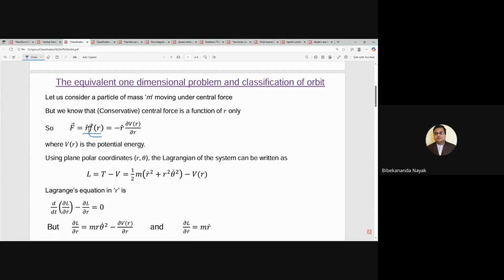If it is conservative, we know by definition a conservative force is the negative gradient of potential, minus del V by del r. If we assume a conservative central force, then force can be written like this.